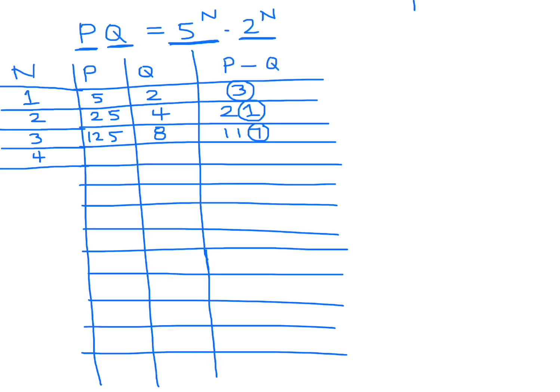When n is 4, P is 5 to the power of 4, which is 625, and Q is going to be 2 to the power of 4, which is 16. And 625 minus 16 is 609, and therefore the last digit is 9.